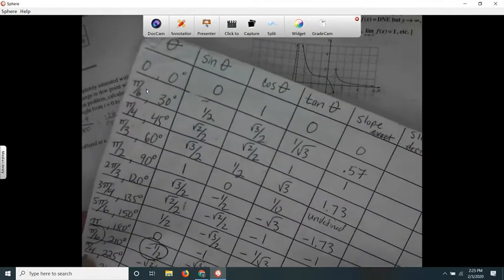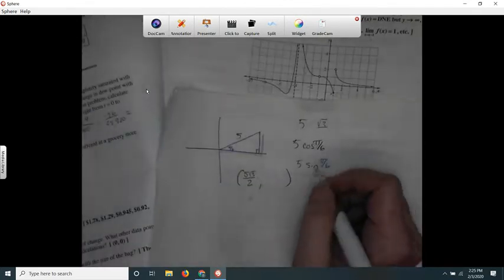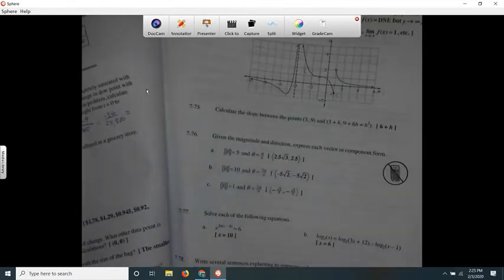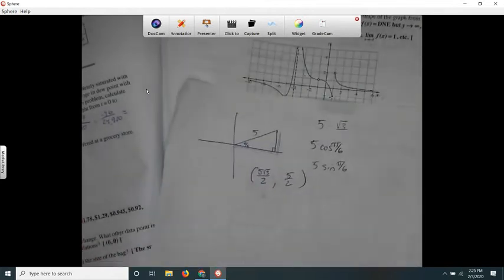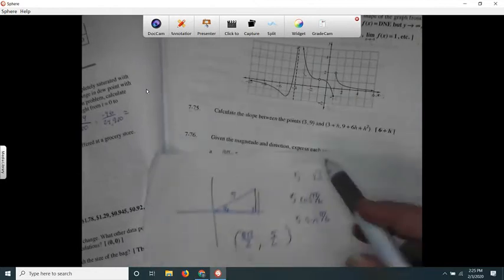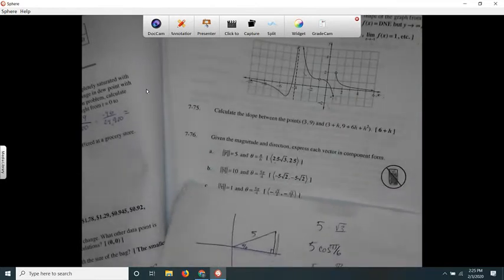Sine of pi over 6 is a half. So 5 times a half is 5 halves, which is the same as 2.5.